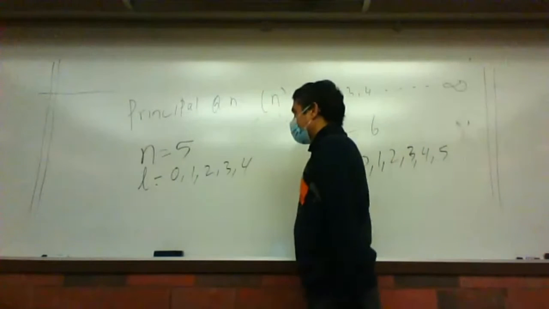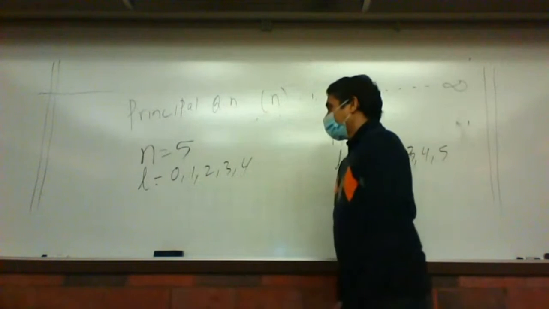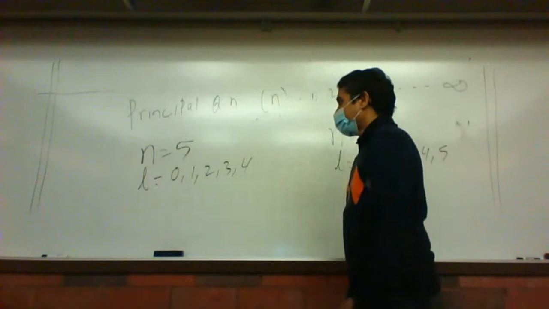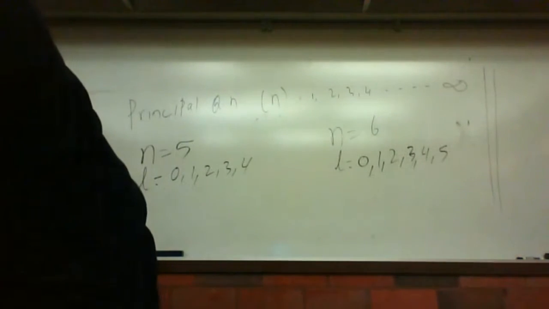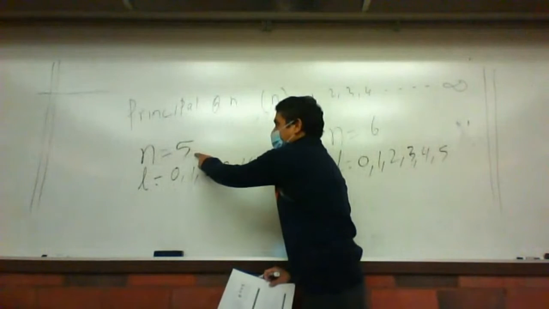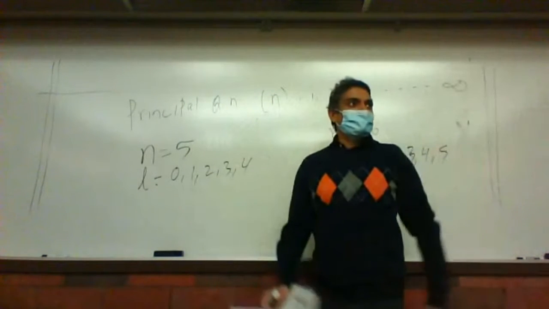Now, what does 0, 1, 2, 3, 4 mean? It gives the shape. The azimuthal quantum number defines the shape of the orbital. I told you the principal quantum number gives the energy and how far the electron is from the center.